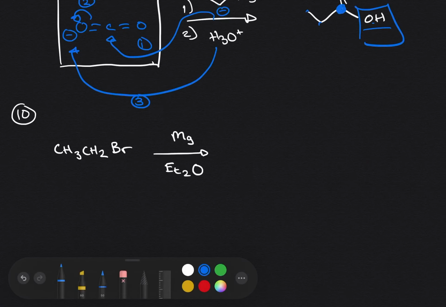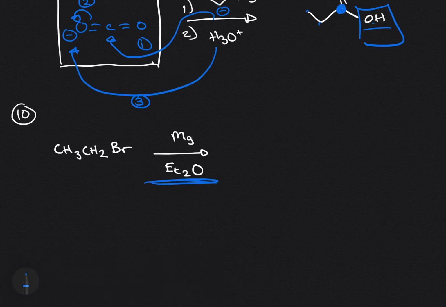Okay, the last one. Now we should recognize this is not a Grignard reagent here, but I thought this was important to throw in because this is the formation of a Grignard.